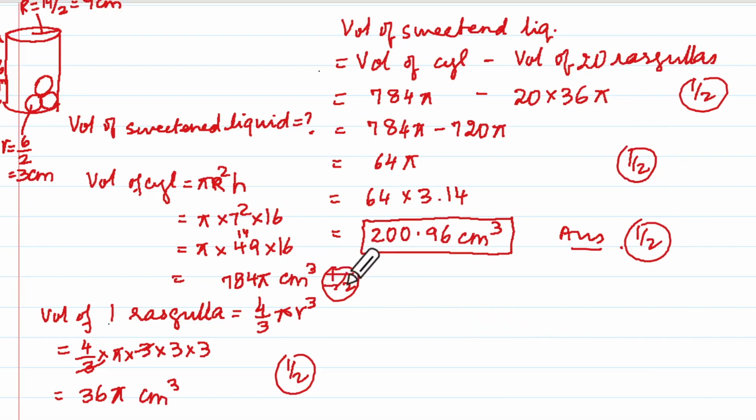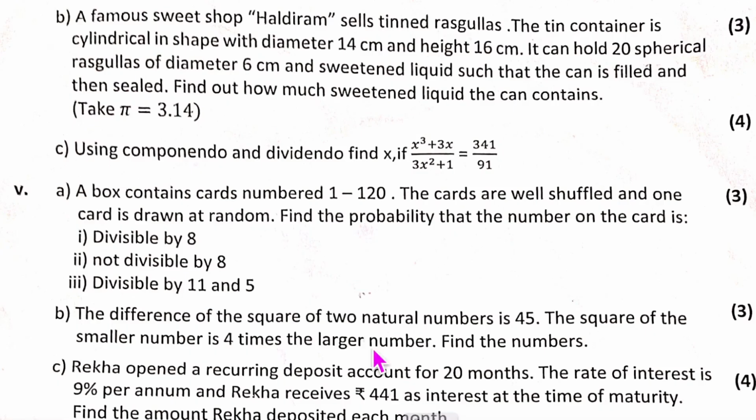Okay, so if I make 1 mark here and 1 mark here and 1 mark for this, mostly it will be like this. All right, so this is a 3-mark question and all understood how it is to be done. Now give yourself marks according to what you have seen here.